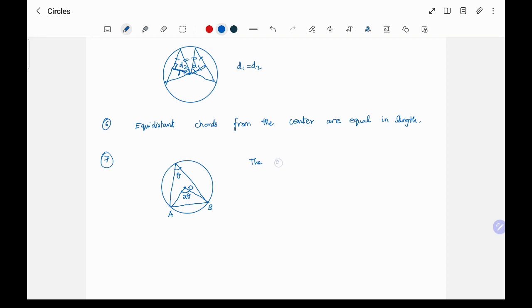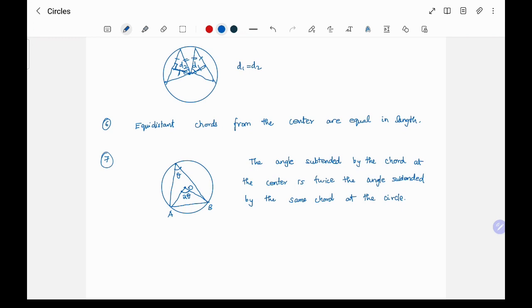The angle subtended by the chord at the center is twice the angle subtended by the same chord at the circle.